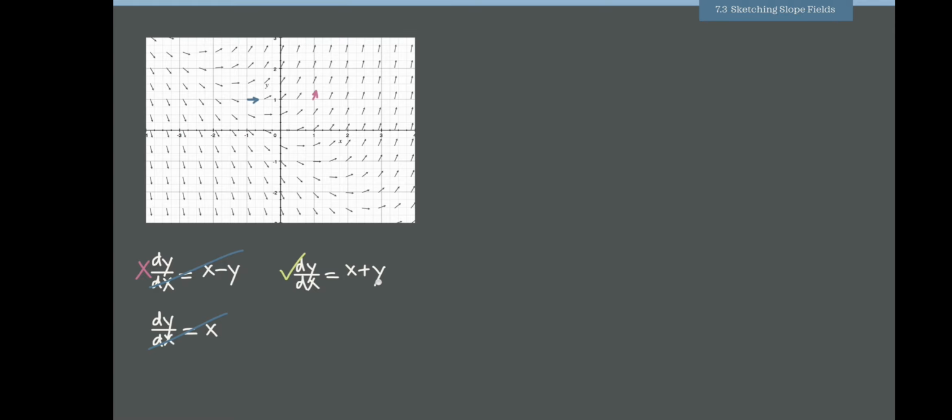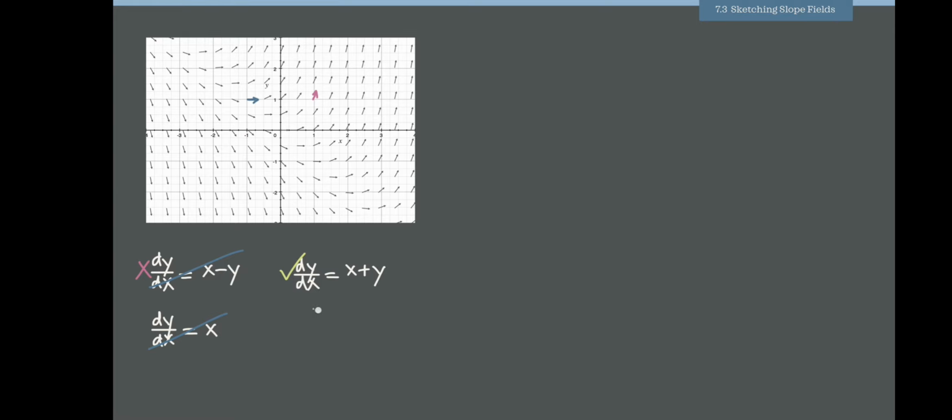And if we look here at this differential equation, when x is positive and y is positive, x plus y is going to give a positive value, which means everything in the first quadrant should have a positive slope, so that checks out. And here in the third quadrant, all of our arrows have a negative slope. Well, here in the third quadrant, x is negative and y is negative. A negative plus a negative is always going to give a negative value, which means every arrow in the third quadrant should have a negative slope.